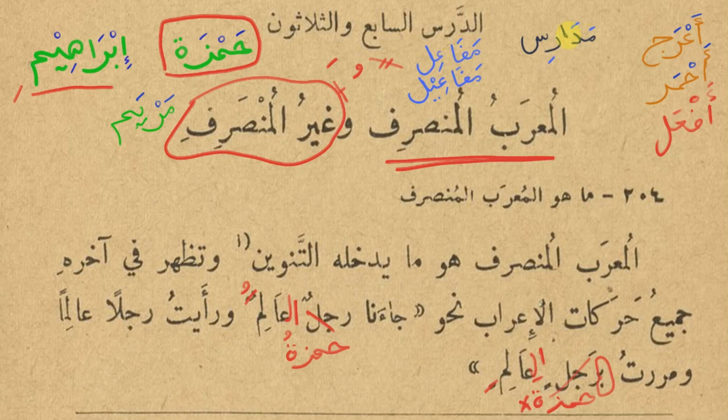So you can have madarisa, madarisu. If it's not defined, there is no definite article, and it's not added, you're not saying the madaris, schools of the city, let's say. So you're not saying madarisul madina. In that case, you cannot use nunation or the e. So that's if it rhymes with this type of broken plural.